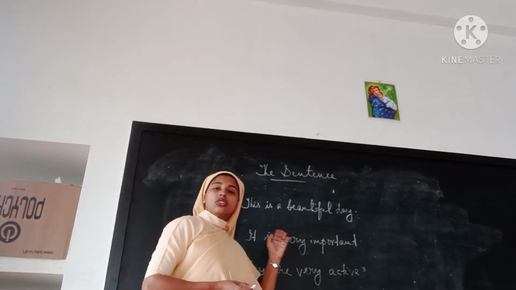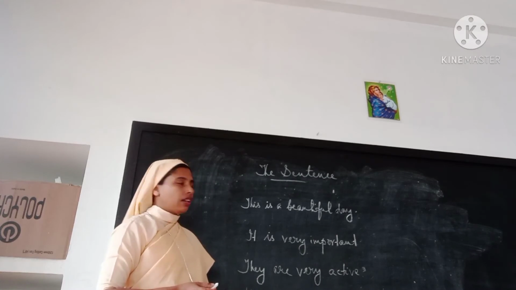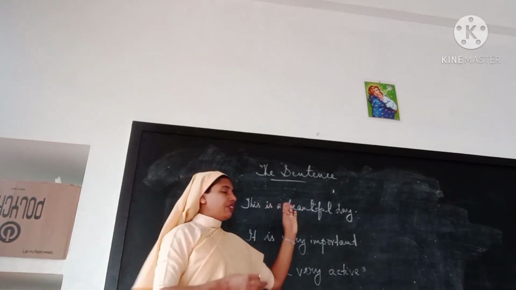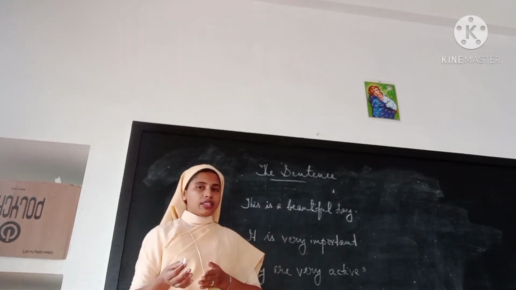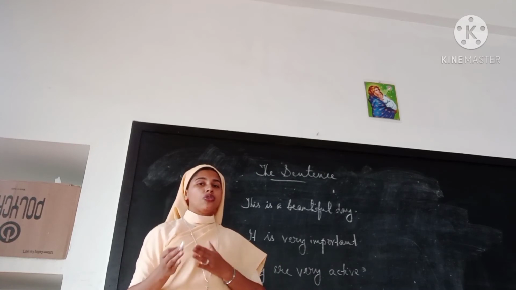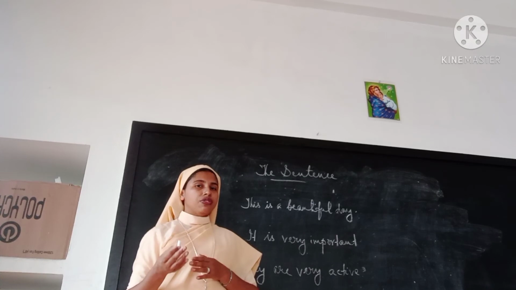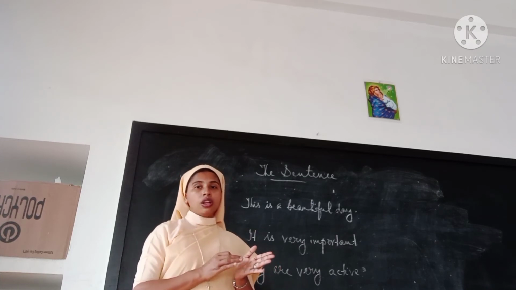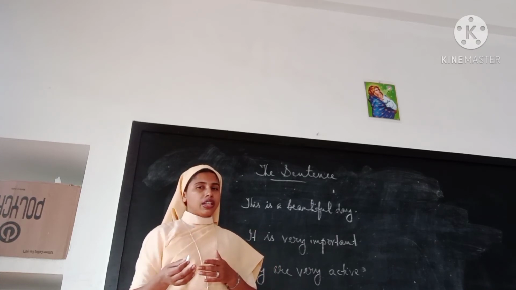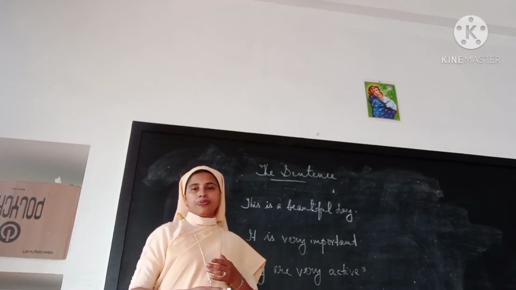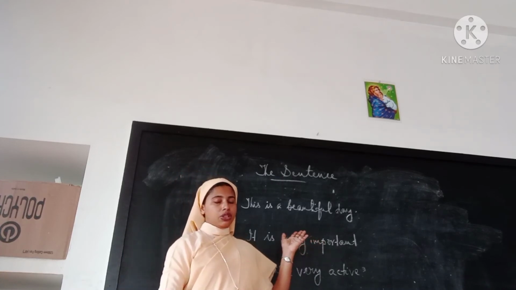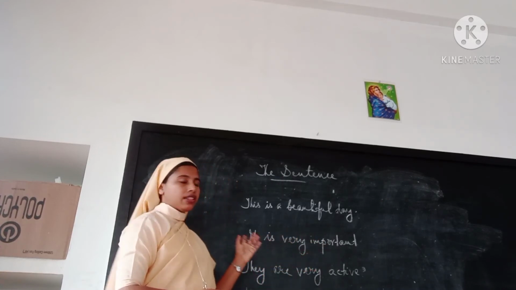He is a great novelist. In the sentences, if there is very or great, you can change it into what and how. If it is very, you can change it into how, and if it is great, you can change it into what. Okay, I'll make you understand by doing the exercise.